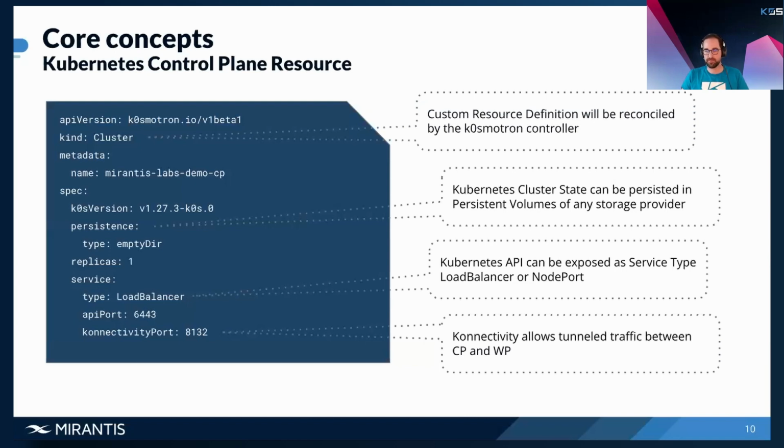And as it says here too, the connectivity agent allows tunneling traffic between control plane and the worker plane. So you don't need to open a bunch of ports. You can open just one, and it will communicate securely, tunneled, and encrypted through connectivity.